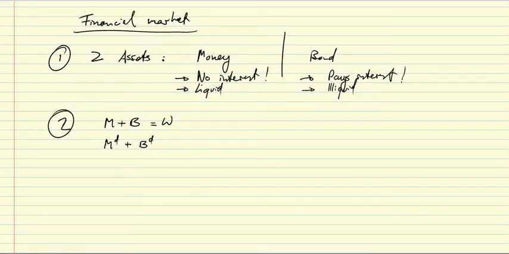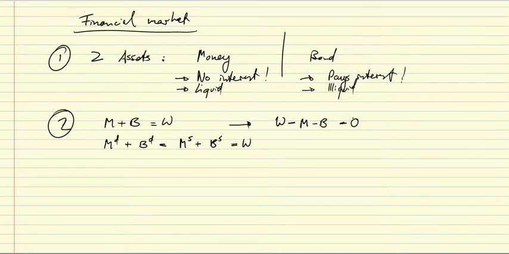And in equilibrium, money supply and bond supply will as well add to wealth. Our first equation here in turn implies that W, wealth, less money, less bonds, is equal to zero.